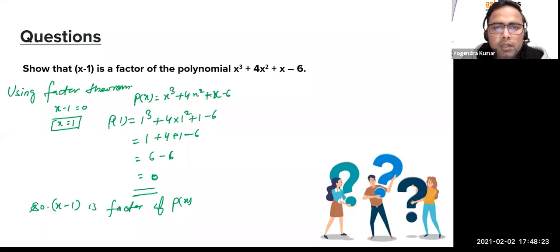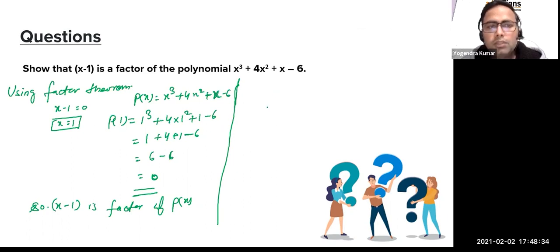That's all we say. Now you can always verify your answer if you want, otherwise not a problem. You can verify by long division also, but you need to avoid that method now, because you know the better method and you need to do it faster.